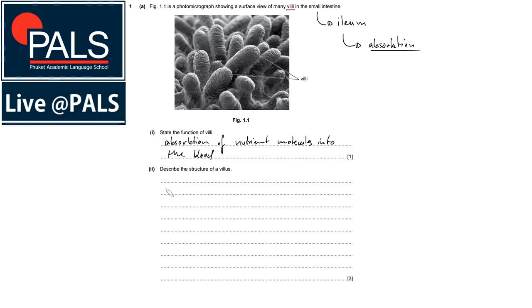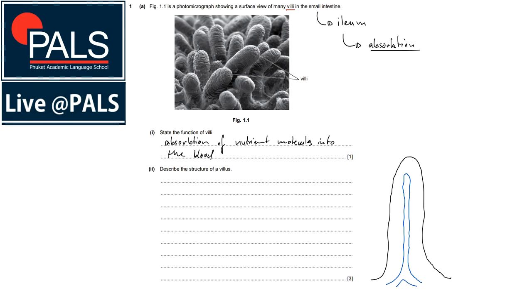So let's describe the structure of a villus. A villus has a couple of important structures. If we would draw a picture of a villus like this, then inside the villus there are blood capillaries, and there is some kind of vessel in the center of each villus as well.